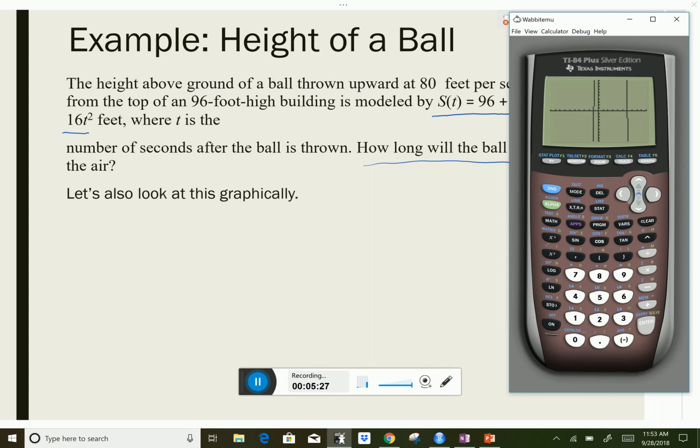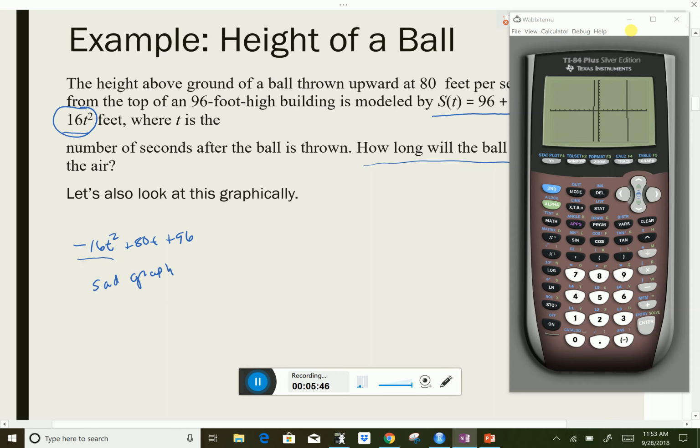No, it doesn't. So we know that since this is negative, it's negative 16t squared plus 80t plus 96. We know this is a sad graph.